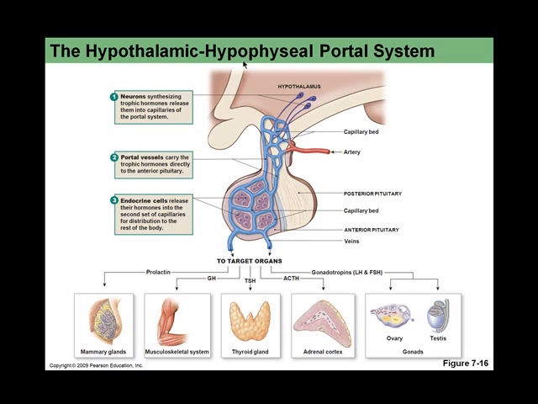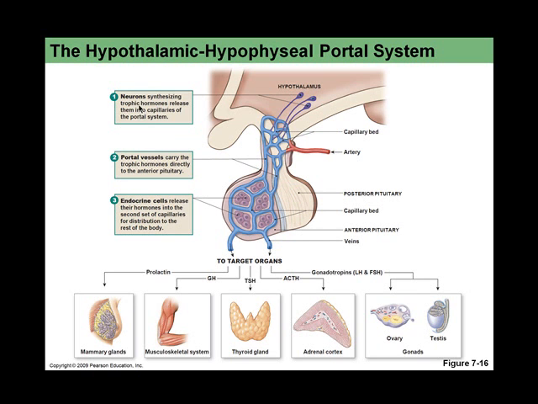So the hypothalamo-hypophyseal portal system is what we see in this slide. I said we'd talk about the vascular system. So there's 2 capillary beds for the control of the anterior pituitary, and then there's a 3rd capillary bed in the posterior pituitary. But right now we're thinking about the control of the anterior pituitary, so there's a primary capillary bed.